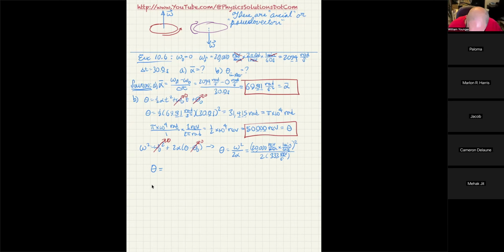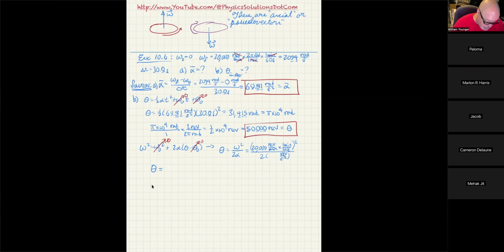Yes. Oh, stupid me. I forgot to divide the 333.33 by 30 because that's what the alpha has to be. So the 333.33 was just the top part. It was the revolutions per second. But we want the revolutions per second per second. So I have to actually go ahead and divide that by the 30 seconds.